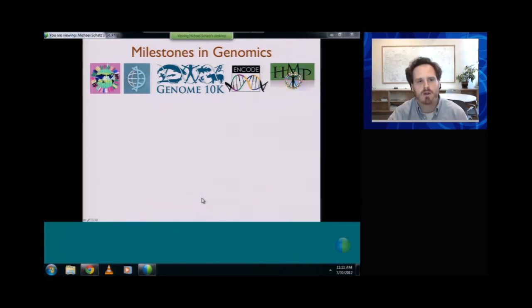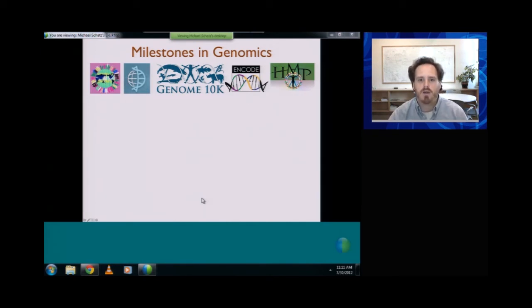The next logo is from the Cancer Genome Atlas project that is using deep sequencing to study how cancer mutates through genomes and then also develop drug therapies in response to those mutations. There's a project called the Genome 10K project that aims to sequence 10,000 vertebrate animals, and that'll give us enormous power to look back in evolutionary time to see how different genomes and how different species came to arise.